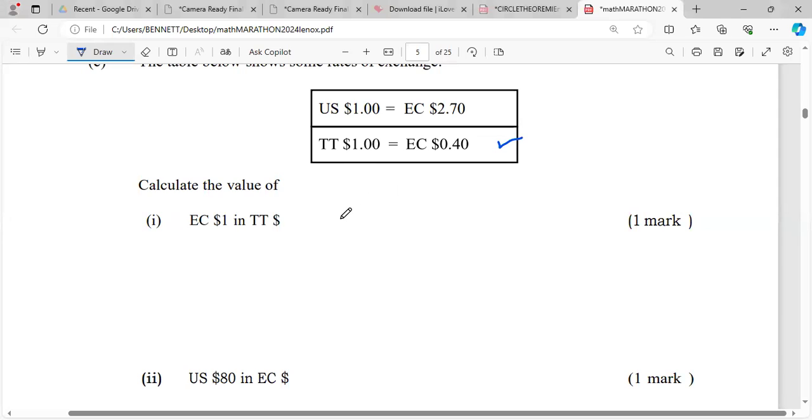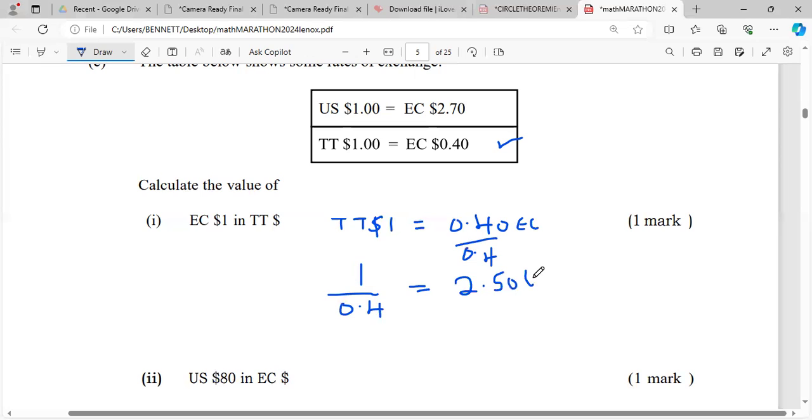Since TT $1 is equal to 40 cents, basically we just do the inverse. So it's going to be 1 divided by 0.4, which will give $2.50 in TT. So you would have gotten 1 mark for that. Most persons got that.